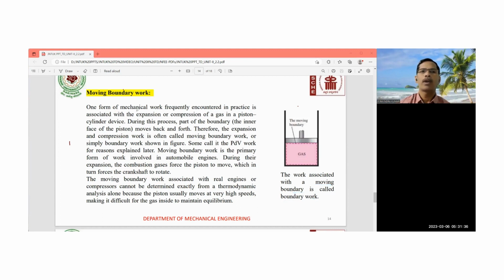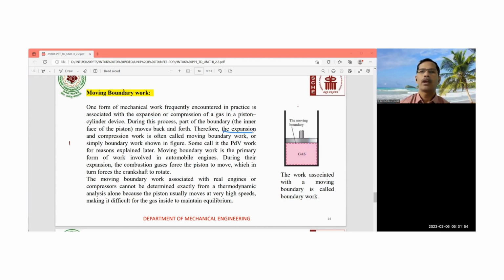One form of mechanical work frequently encountered in practice is associated with expansion. Sometimes the gas contracts, that means it is compressed, and in that case the piston moves down.